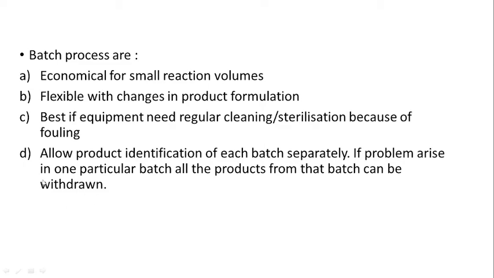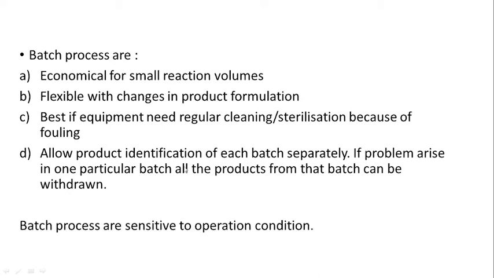If some operational changes occur in a continuous process, then the whole product will be affected by it. But in a batch process, as it is done in batch mode, if some particular operating parameter is changed, then only that batch will be damaged. Other batches will not be affected.